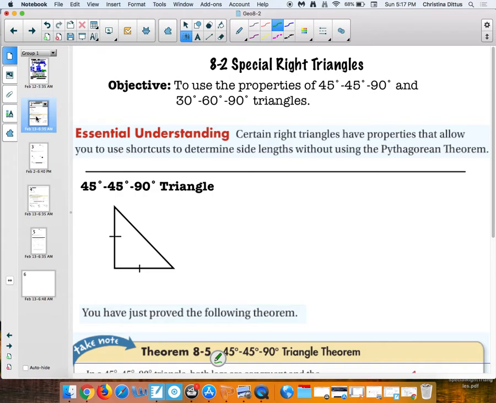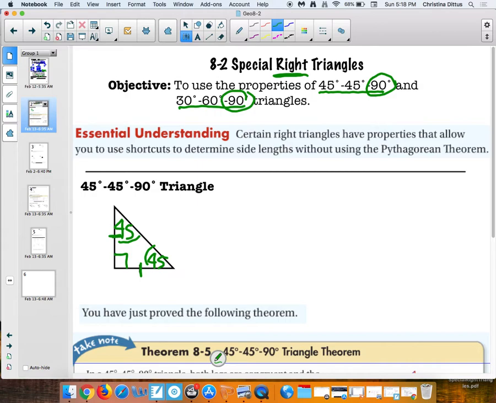So when you have our special right triangles, it's a 45, 45, 90 or a 30, 60, 90. Notice you have to have the 90 in there, hence the right triangle part. 45, 45. Remember we talked about in that triangle chapter how small sides match up with small angles, and isosceles triangles mean that if you have your base angles the same, these sides have to be the same.